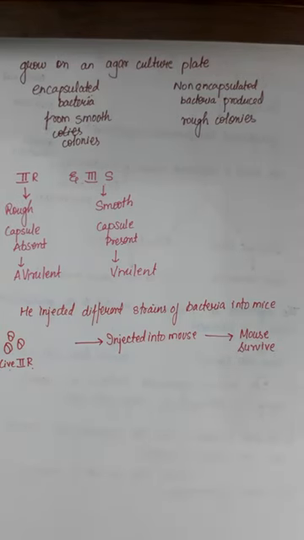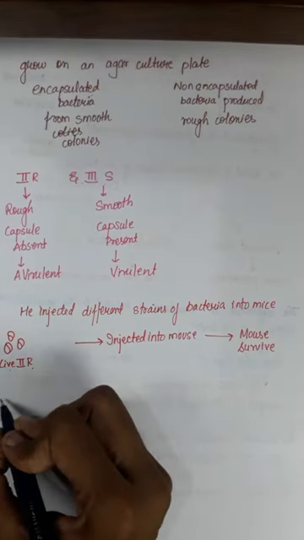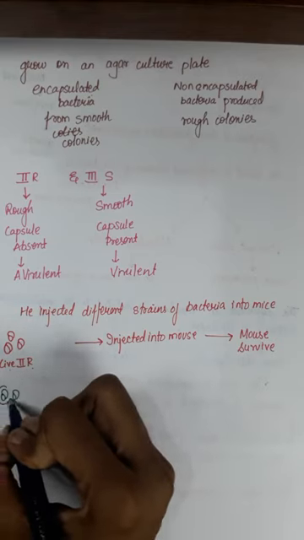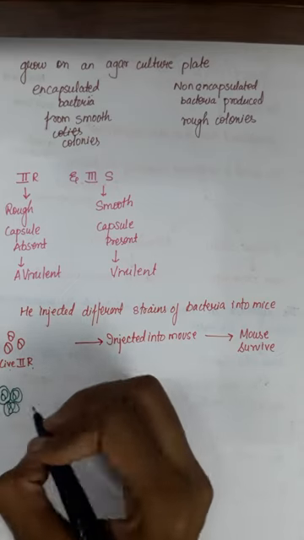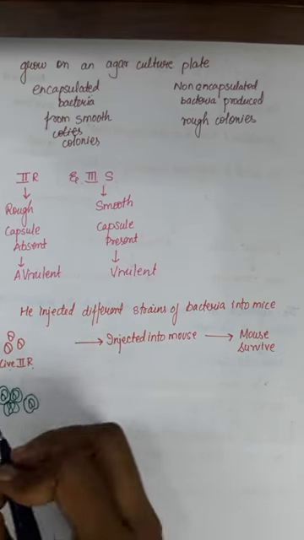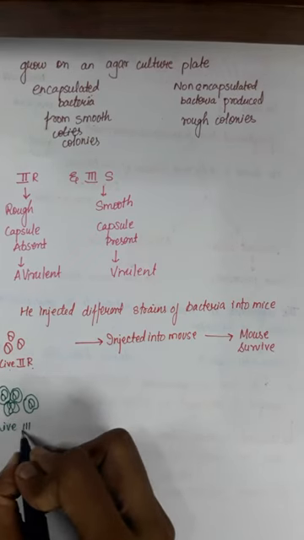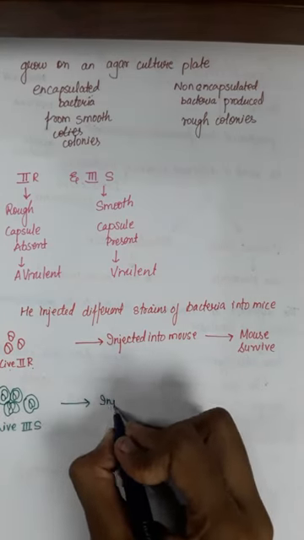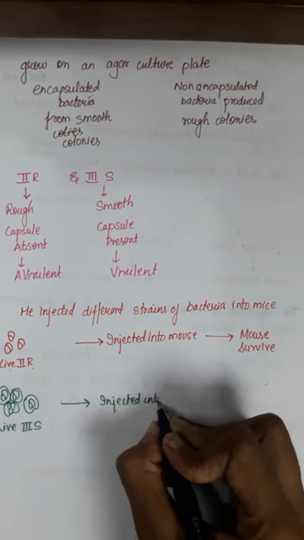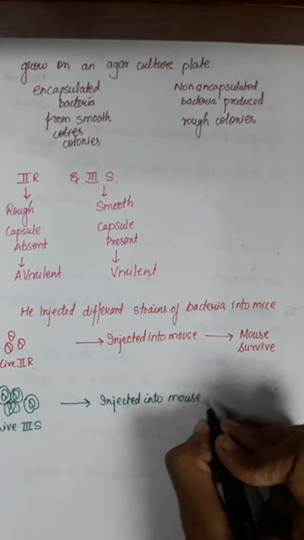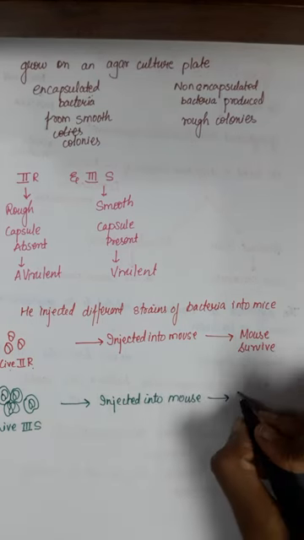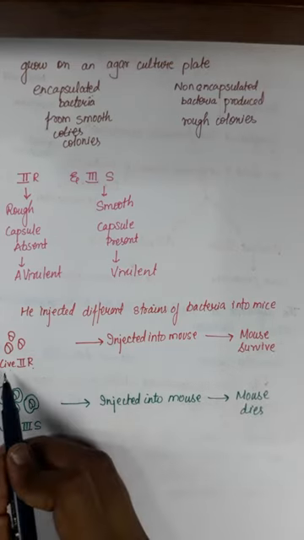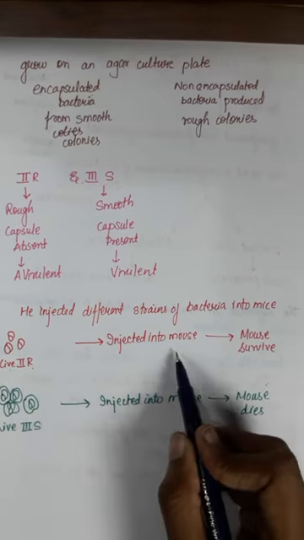Then next he took live 3S. When he injected this strain into the mouse, the mouse died. So the first time when he used the live 2R strain and injected into the mouse, the mouse survived.